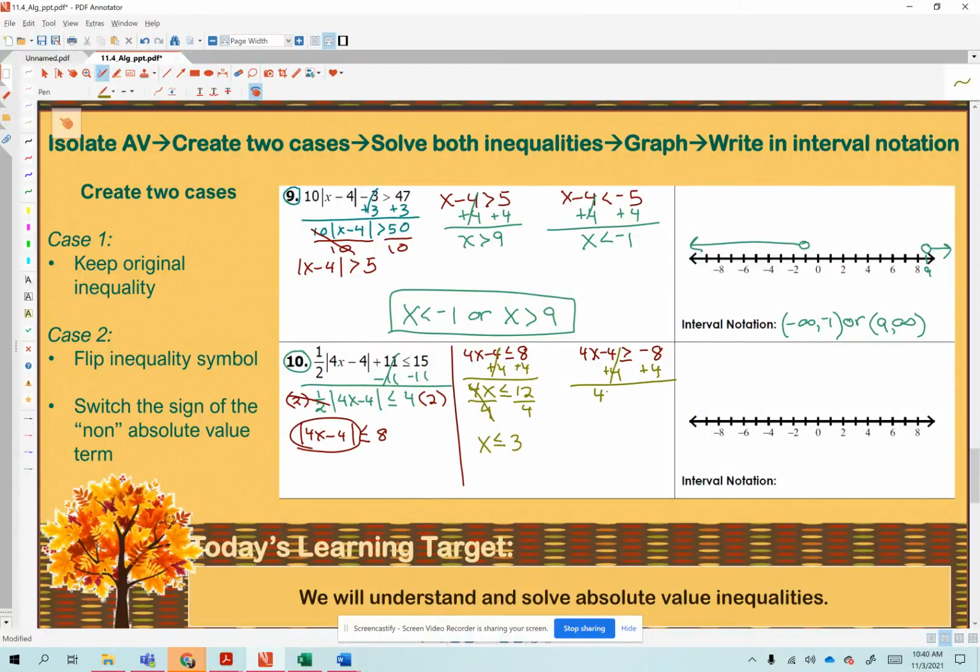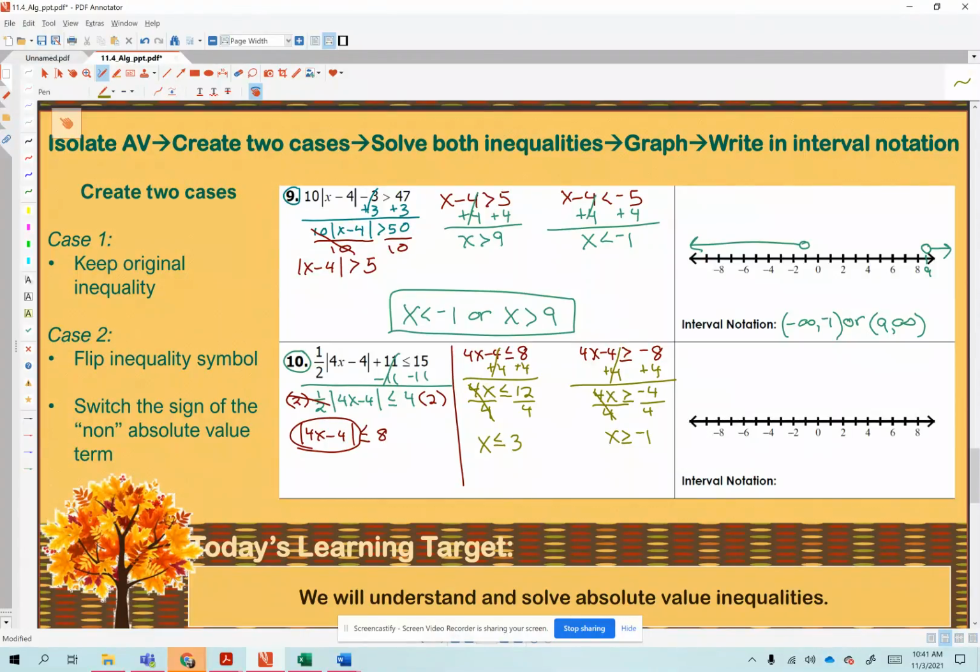So we have 4x is greater than or equal to -8 plus 4, which is -4. And then we will divide both sides by 4. And our result is x is greater than or equal to -1.